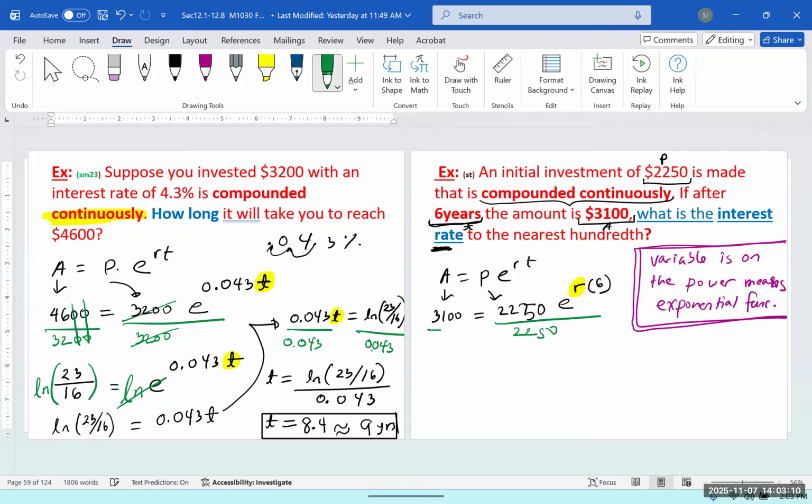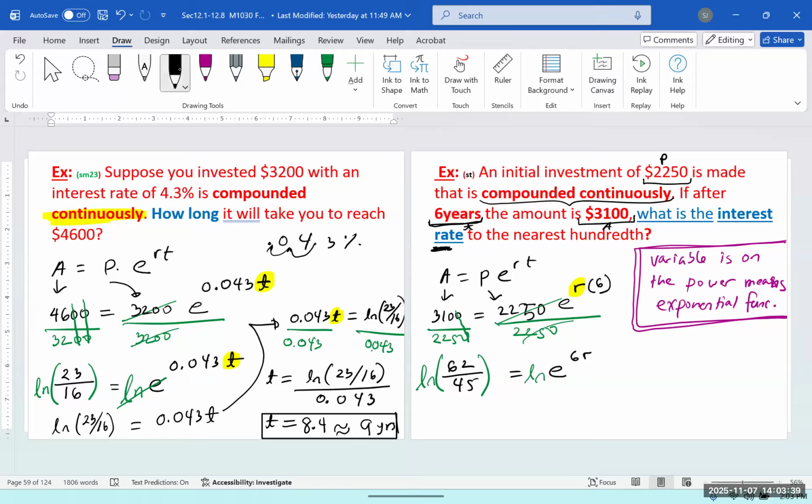2250. And this time we can cancel by 0. And both of them are divisible by 5, but I'm too lazy to use my brain. How much? 62 over 45 equals e to the 6r. And then what do we do? We call the ln.